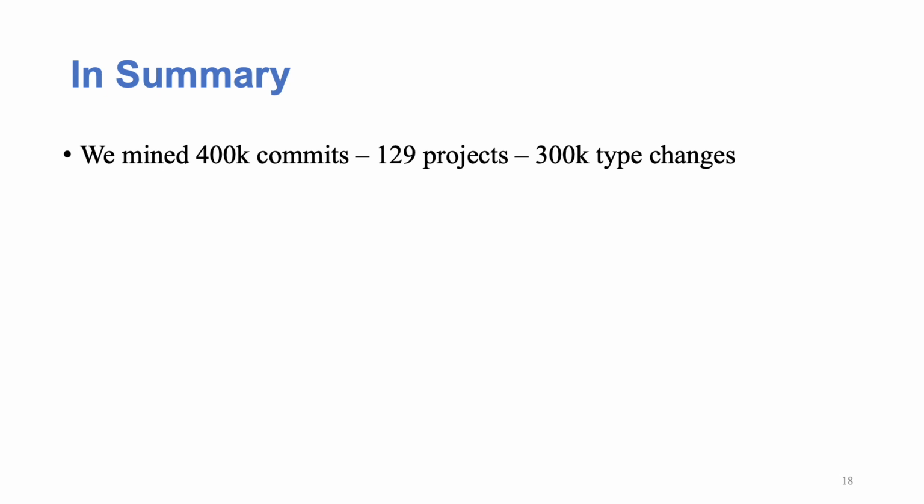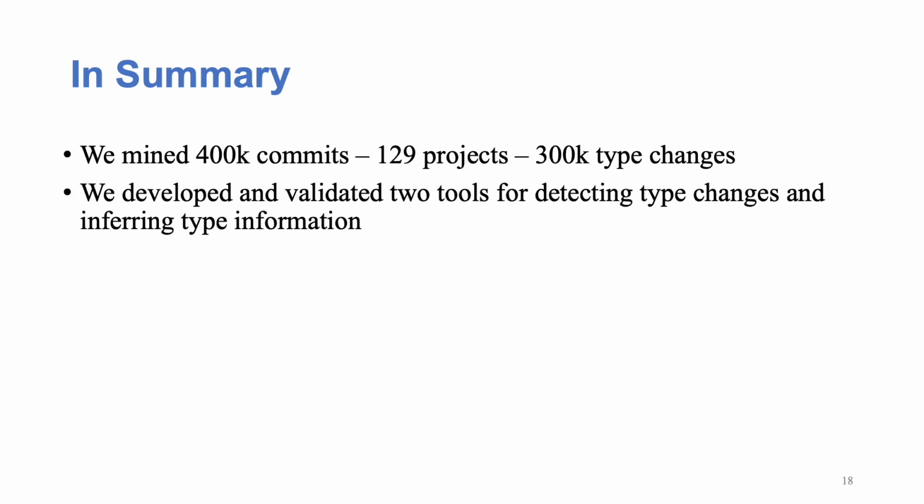To summarize, we mined 300,000 type changes from 400,000 commits in 129 projects. We extended RefactoringMiner to detect type changes and developed the novel TypeFactMiner to infer type information. We validated both tools to show their high accuracy and efficiency. We used the dataset collected by these tools to answer 6 research questions.